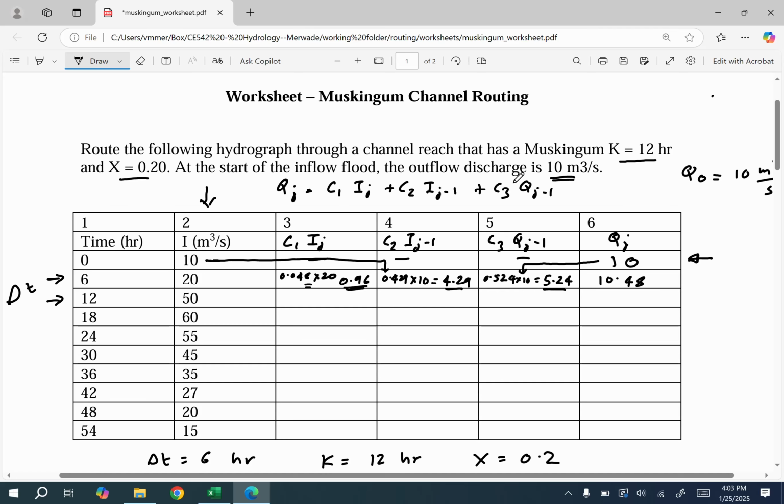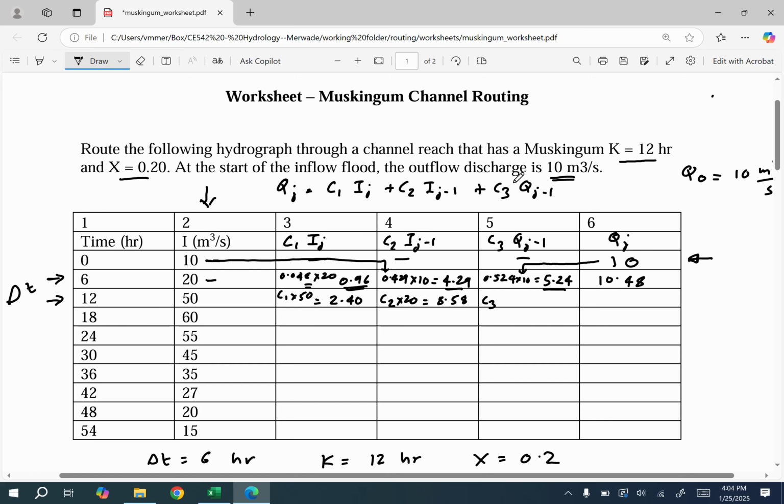Since I don't have enough space, I'll just say C1 times 50 here, and that comes to about 2.4. This will be C2 times, again from the previous row, which is 20 here, so C2 times 20, and that comes to about 8.58.